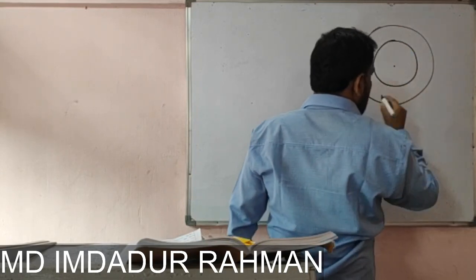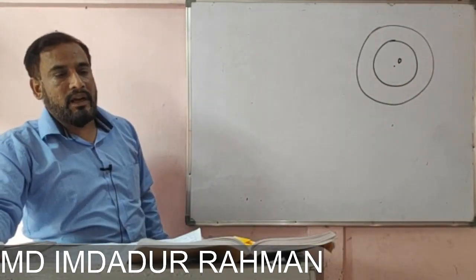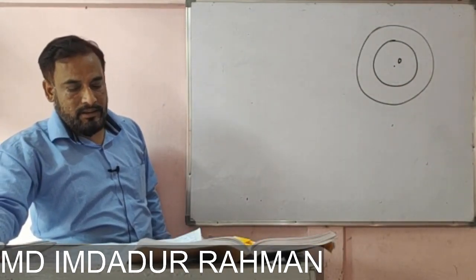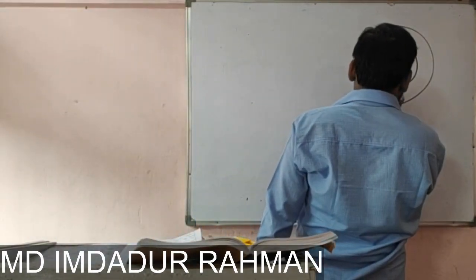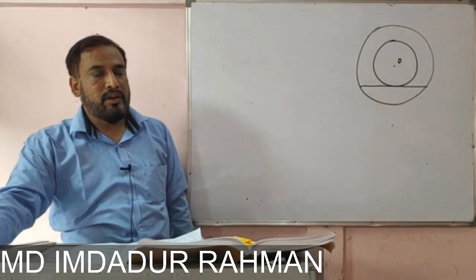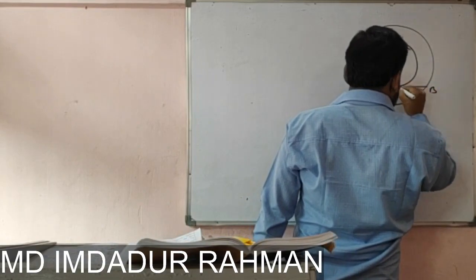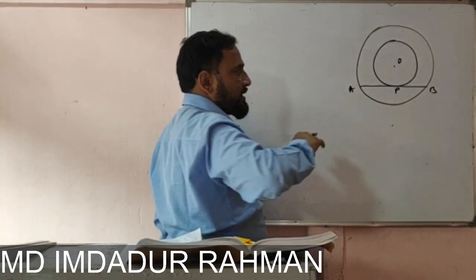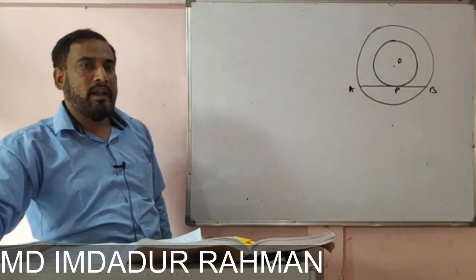Let O be the center of the two concentric circles, and AB be the tangent to the smaller circle at P. If these are concentric circles, then one should be smaller and one should be larger.